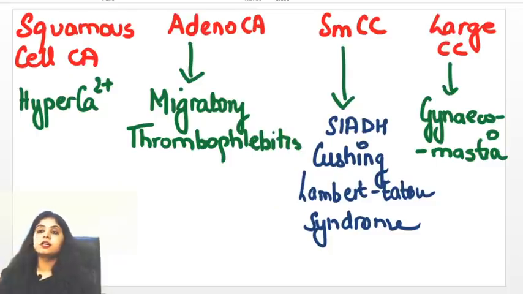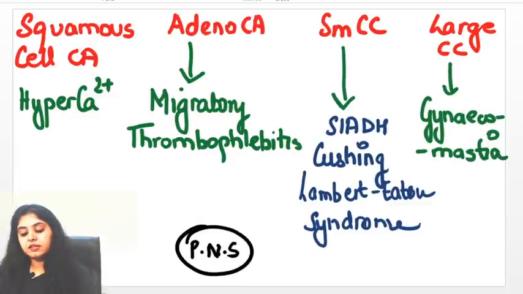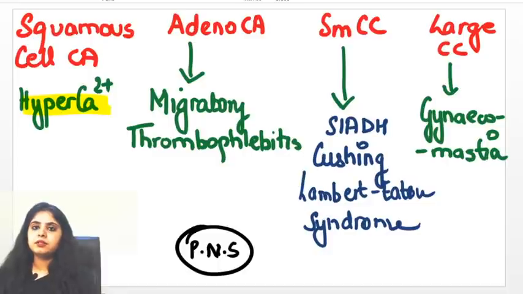Okay, having read that, I'm going to now talk about lung tumor, and the most important table that you have in lung tumor is the paraneoplastic syndromes. So first I'll teach you and then we are going to go in for a discussion of the question. Which is the paraneoplastic syndrome that you see with squamous cell carcinoma? It is hypercalcemia. Little bit of mugging up, but you have to do it. What is the paraneoplastic syndrome for adenocarcinoma?